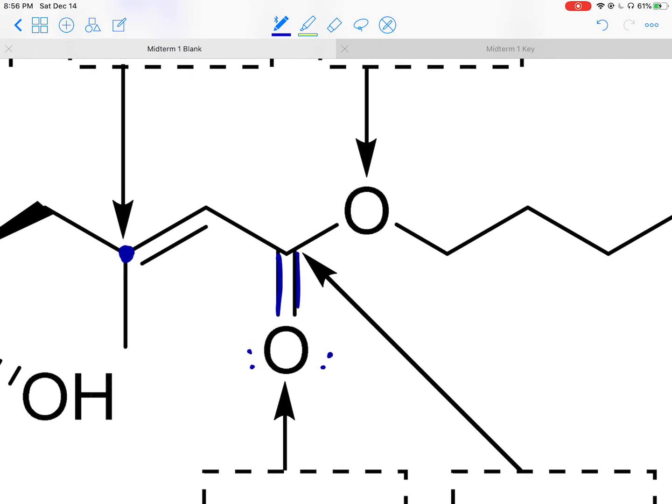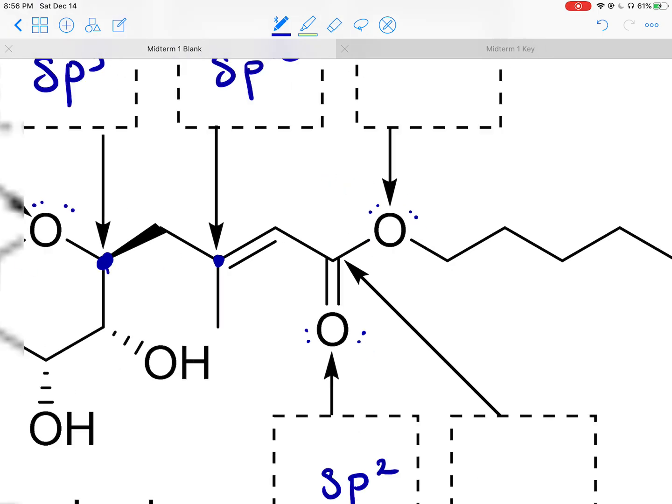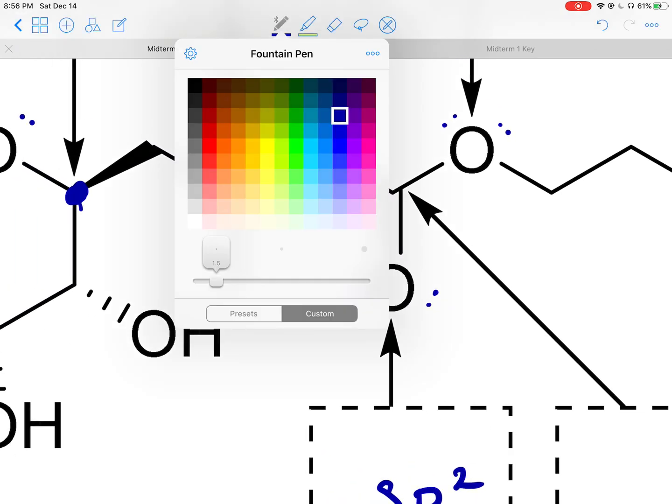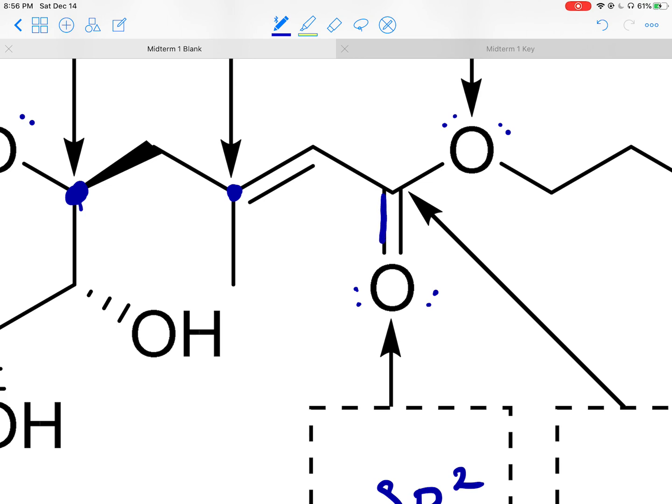Okay, so here's one. The oxygen has 2 lone pairs and it has 2 sigma bonds. So we automatically think, okay, that's sp3, but no. There is a resonance contributor where we move the pi bond electrons onto this oxygen.